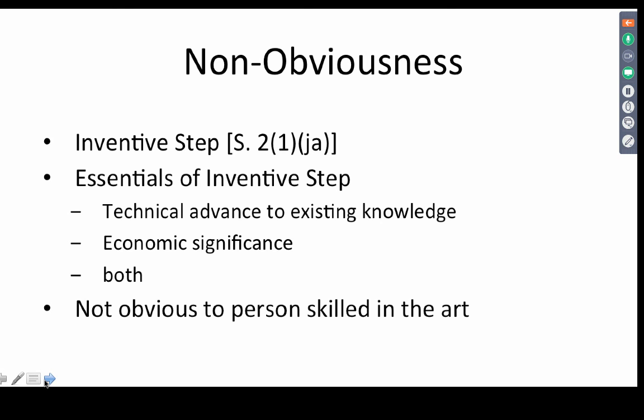A technical advance is essentially where new knowledge is created, where people pegged the flag in a new place to say that we have found this and we are disclosing it to the world. Now, this new knowledge should manifest itself in the form of an invention. Otherwise, it will be a scientific discovery. Even as we speak, new species of plants, new species of animals, and new places are being discovered.